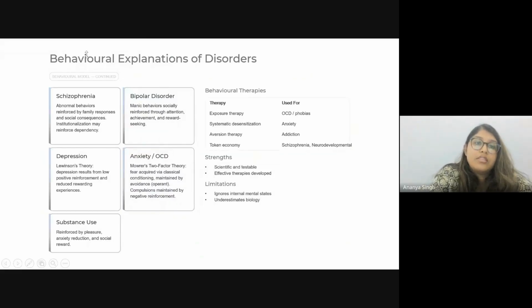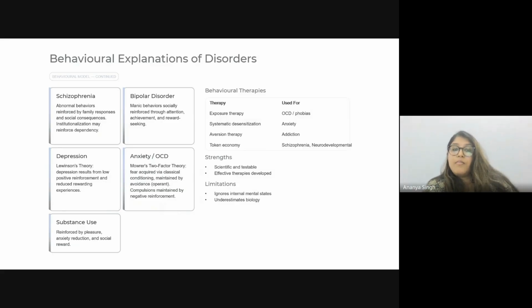Right. So the behavioral explanation of disorders: in schizophrenia, abnormal behaviors are reinforced by family responses and social consequences. And it is also believed that if these people are institutionalized, they will never be independent.